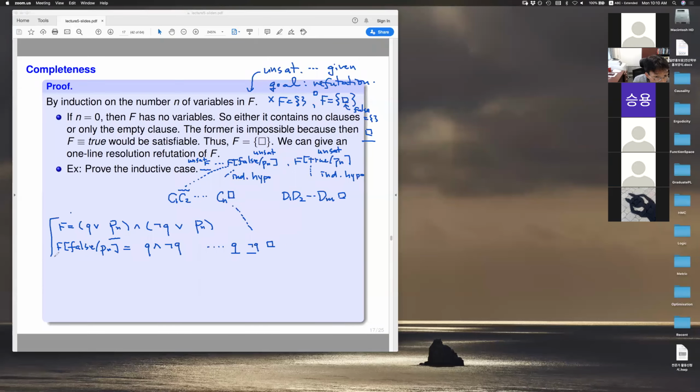So this is part of the observation. What we are going to do is translate this derivation by adding the or Pn whenever it's necessary.